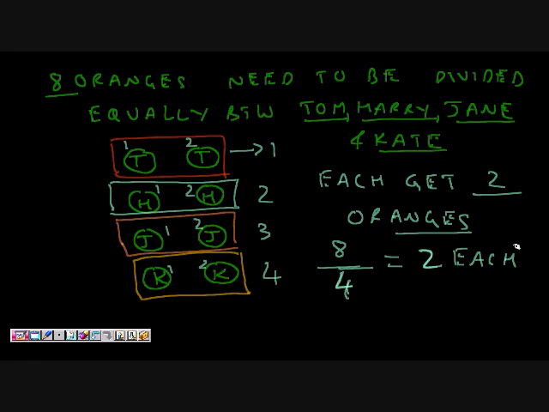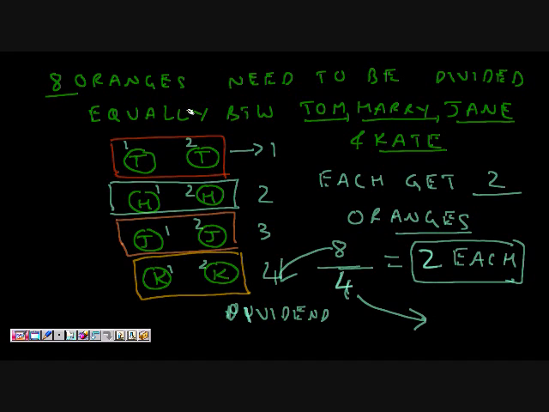In a division, the total number that you are given, the 8 oranges, is called the dividend, and the number of groups that you want to divide it into is called the divisor, and the number that you get, how many oranges each one gets, is called the quotient.